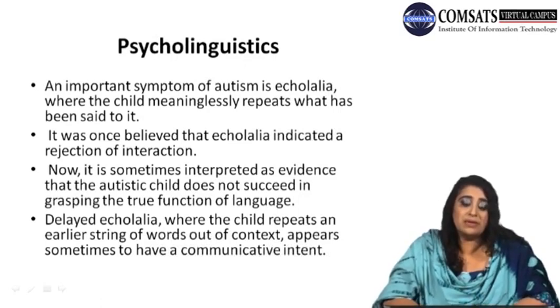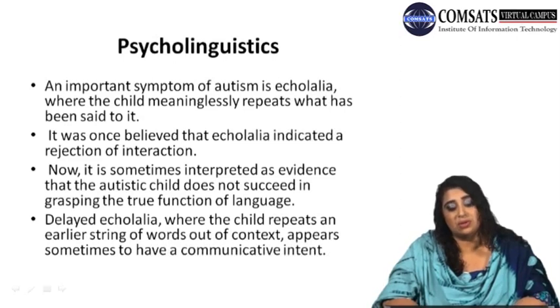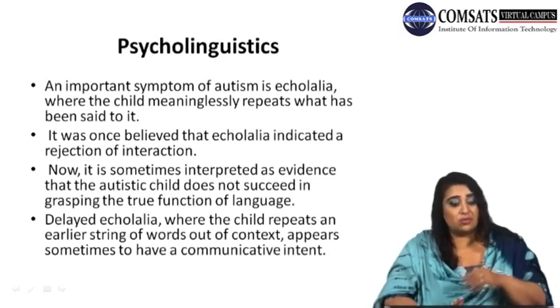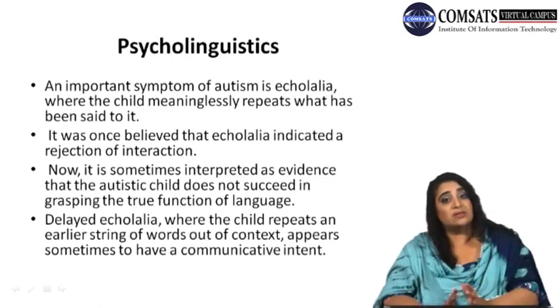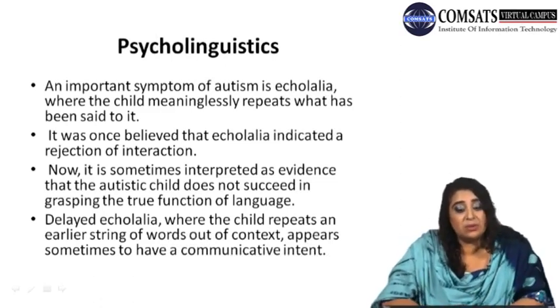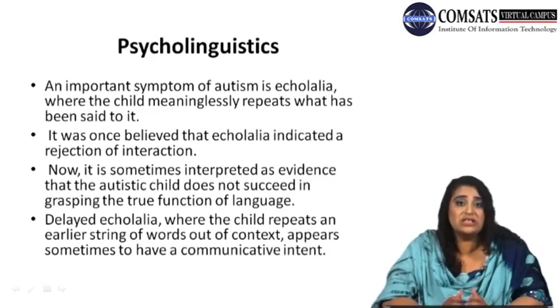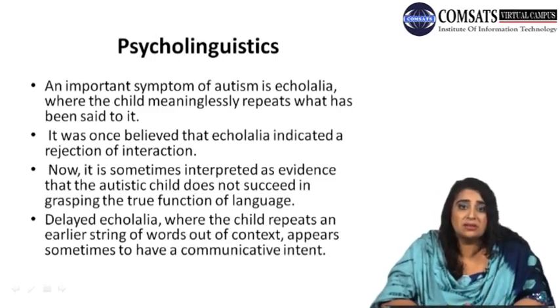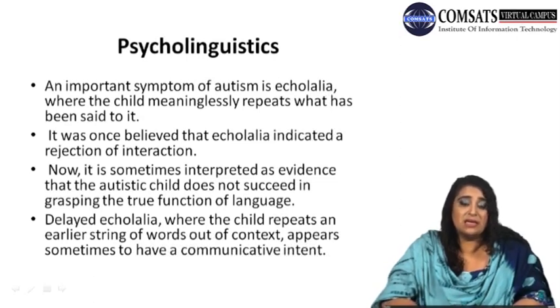Now it is sometimes interpreted as evidence that the autistic child does not succeed in grasping the true function of language. So sometimes अब ये चीज़ भी समझ आ रही है और evidence के तौर पे है कि जो child autistic है, he is not succeeding in grasping the true function, उसको function ही नहीं समझ आ रहा language का. That's why he's having difficulty, and he keeps on repeating similar things like that.